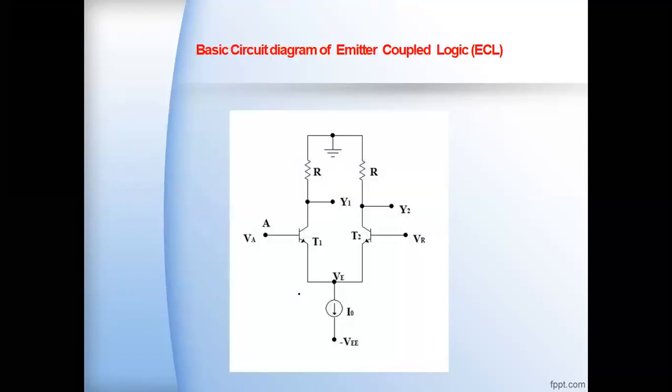And here we will see the basic circuit diagram of emitter coupled logic and how the circuit will work. So we will see the operation of the emitter coupled logic. As we discussed, emitter coupled logic is operated with negative power supply voltages. But even though you are operating with negative power supply voltages, the circuit will still be viewed as a positive logic level system.